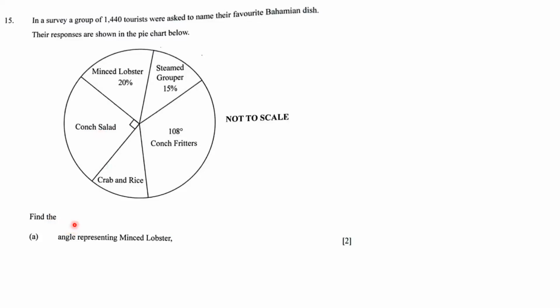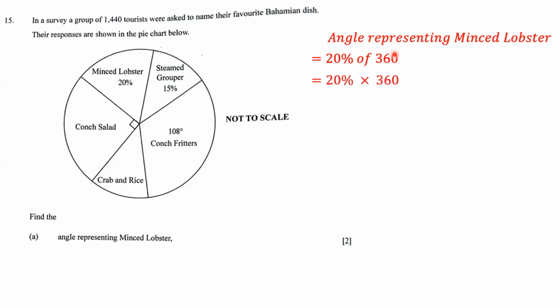They want us to find the angle representing minced lobster. Here we know the percentage, so we're going to take 20% of 360. Why 360? Because angles around a point add up to 360 degrees. 20% is represented as 20 over 100.